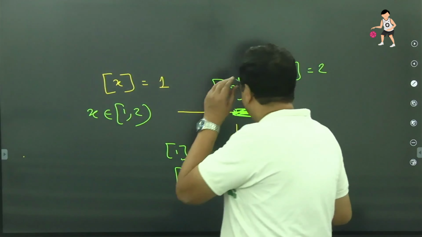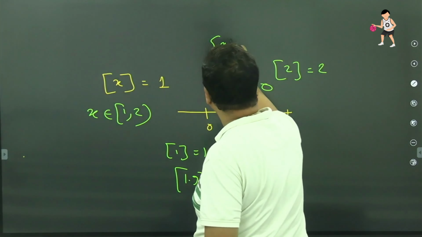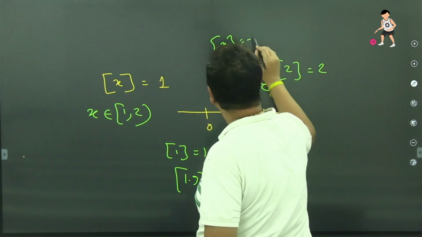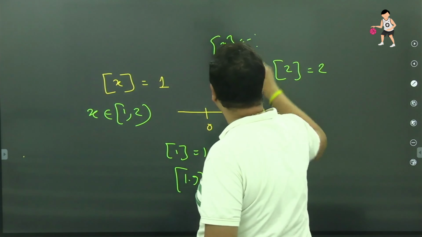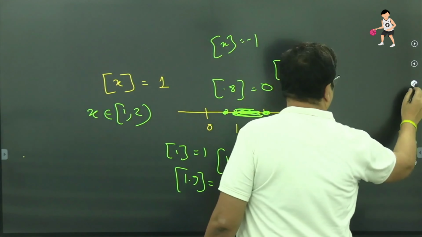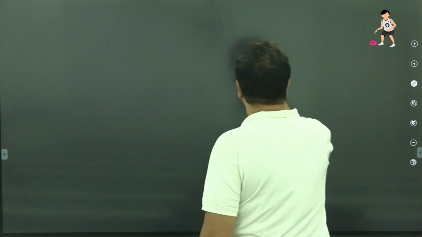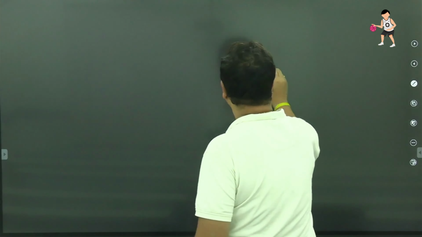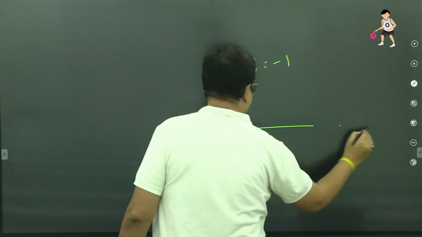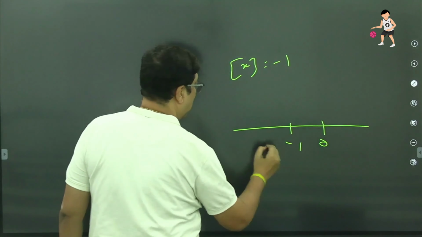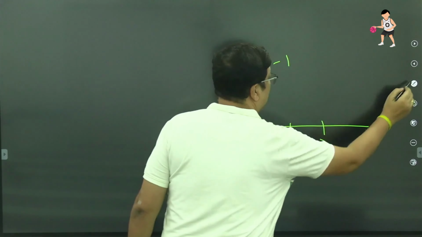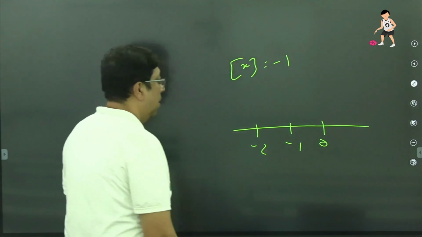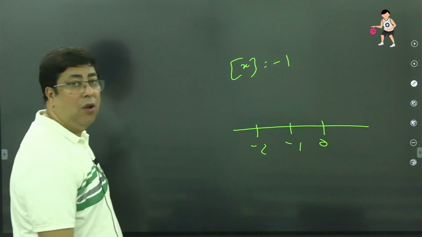Okay, one more thing. If we have box x equal to minus 1, what to do here, everyone? Just have to clear it. So once again, let's draw the number line. Box x equal to minus 1.